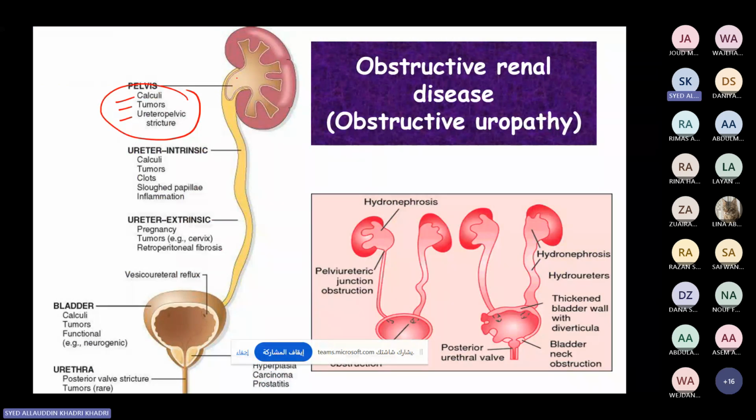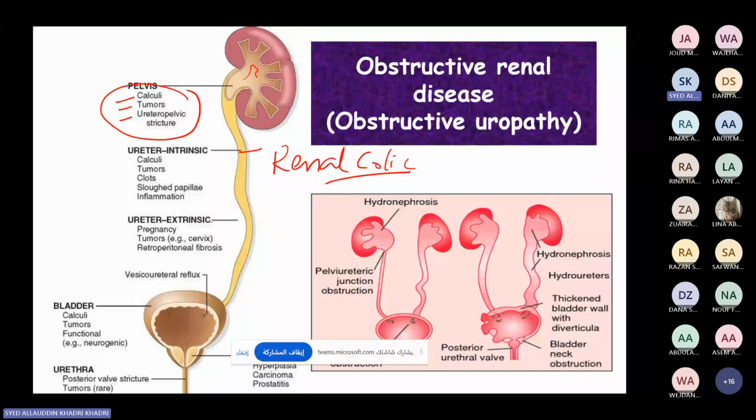Calculi can also come in the ureter, the intrinsic part, and cause a very severe pain called renal colic. Tumors, blood clots, sloughed papillae and inflammation in the ureter are also quite common causes.